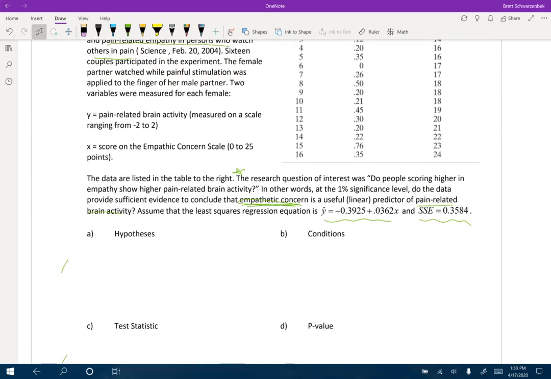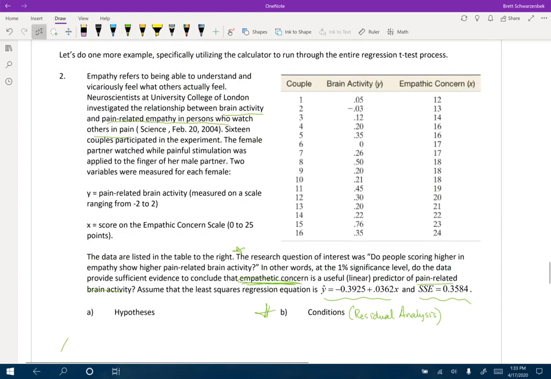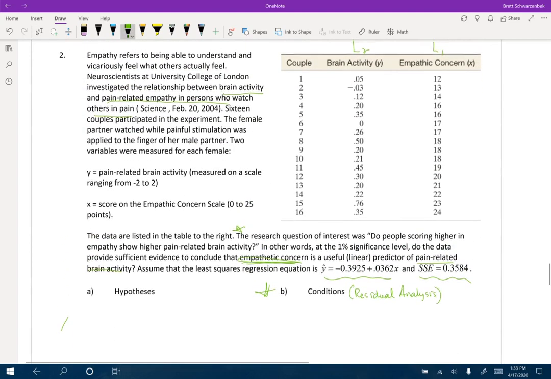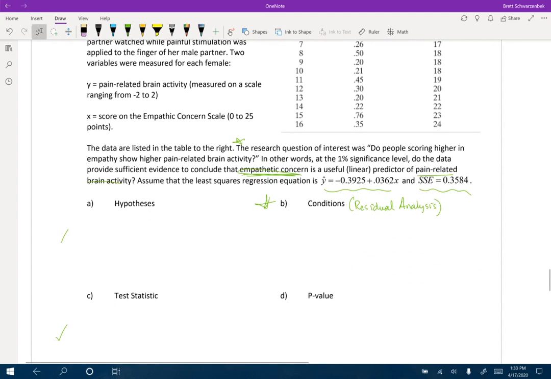But the conditions provide a whole different sort of variable to this, because the conditions require that you do some residual analysis. And if you do residual analysis, that means you're going to have to basically use the calculator, which means you're going to have to set up L1, L2, and do L3, L4 to find the e's or the residuals, and then you find all the important information.